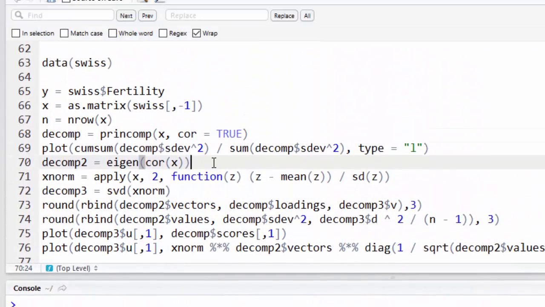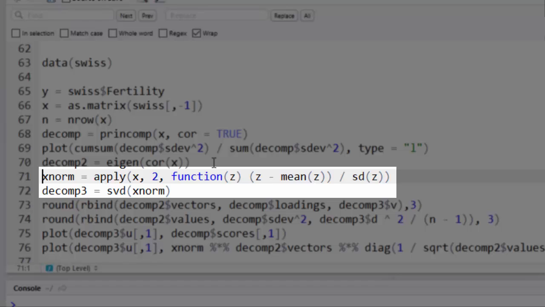So another way to do exactly the same thing is through the singular value decomposition. First, we need to normalize our columns. So here I just go over the columns and replace them with their normalized values, subtract off the mean and divide by the standard deviation, and then I directly take the singular value decomposition.